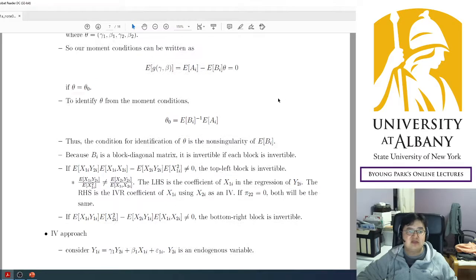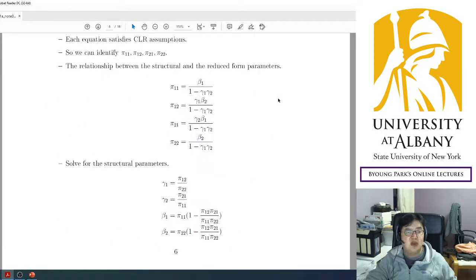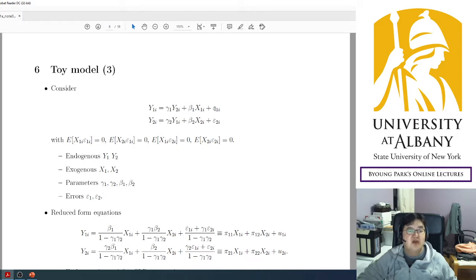Now go back to the structural form here. Think about the first equation. y2 is endogenous, so you'd like to have an excluded instrument for this guy. Then look at the equation for y2. Here is the instrument you need.